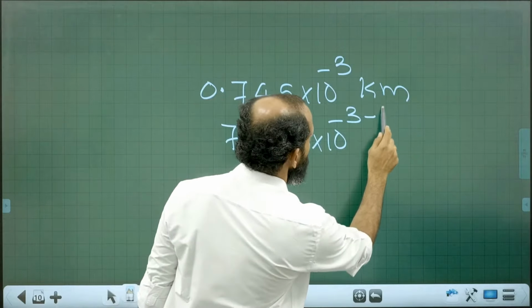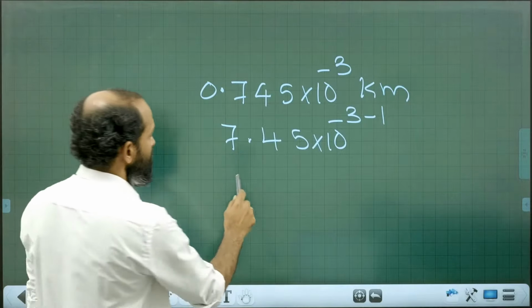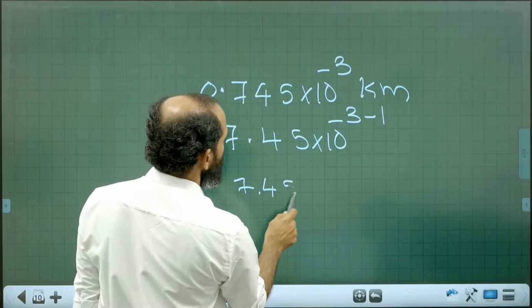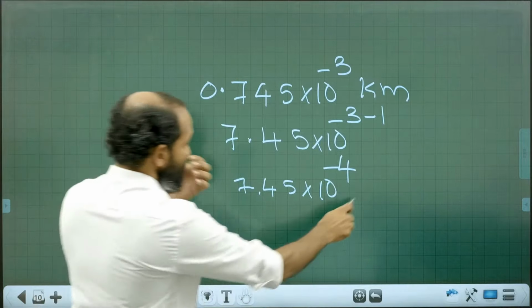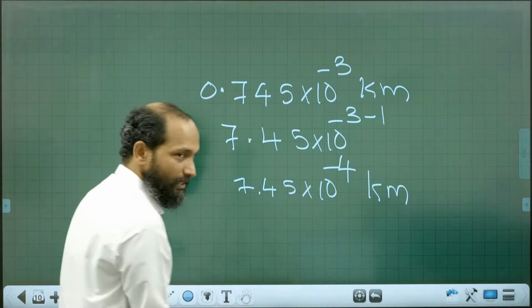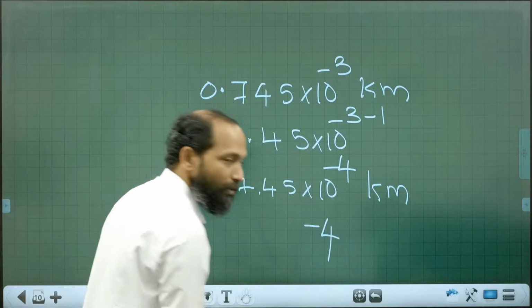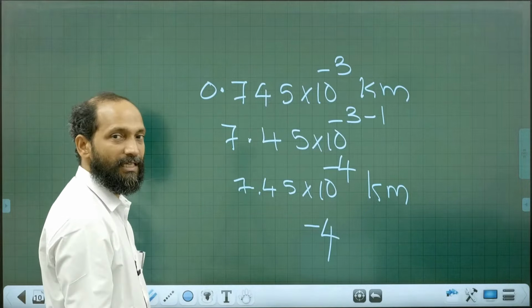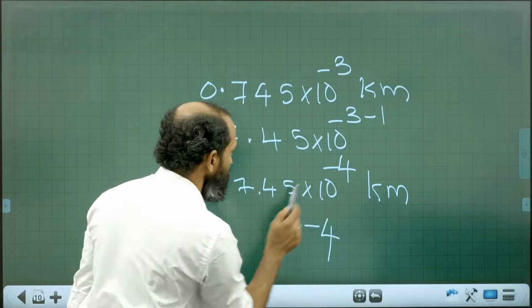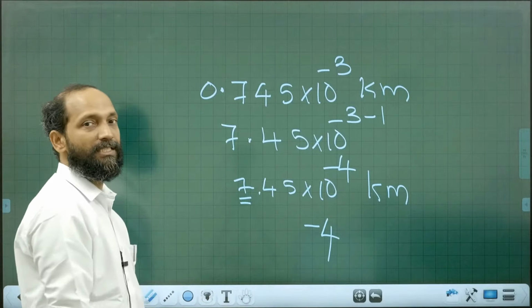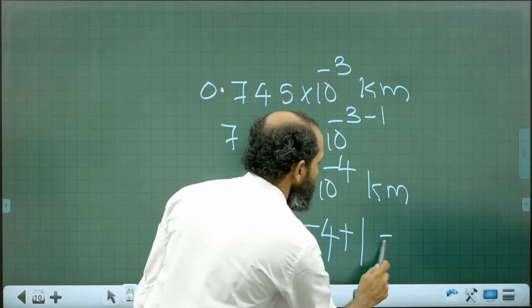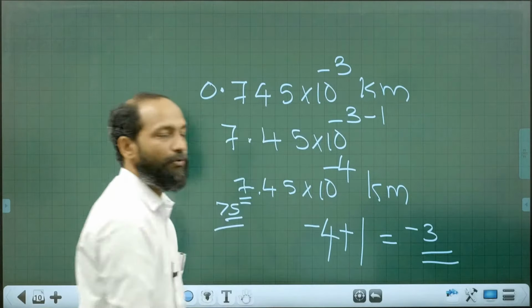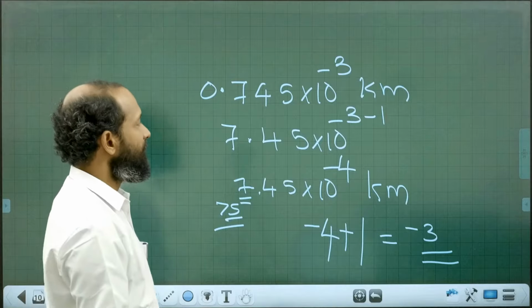Then you subtract 1. That is 7.45 into 10 to the power minus 4 kilometer. Now what is the order? Is it minus 4? Incorrect, because the most significant digit is greater than 5. That is plus 1. So the answer should be minus 4 plus 1, minus 3, is the order of magnitude.